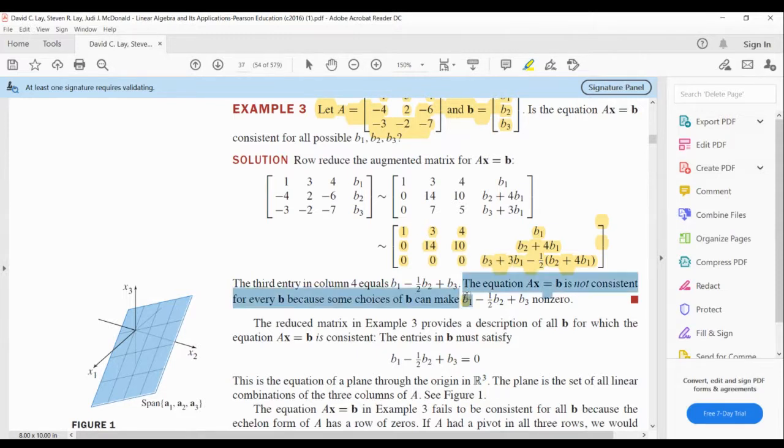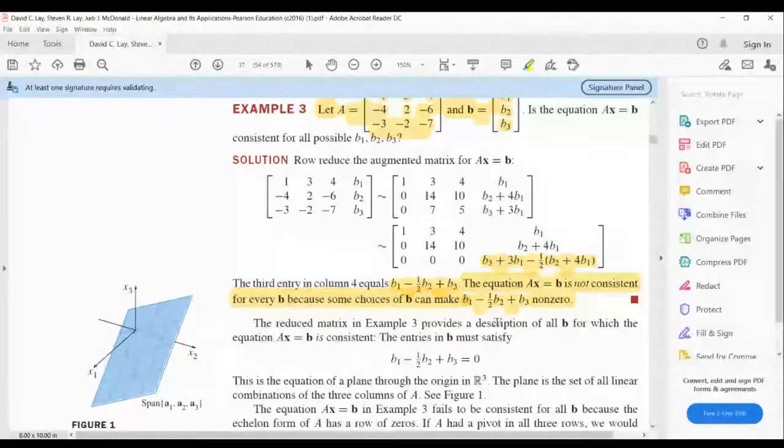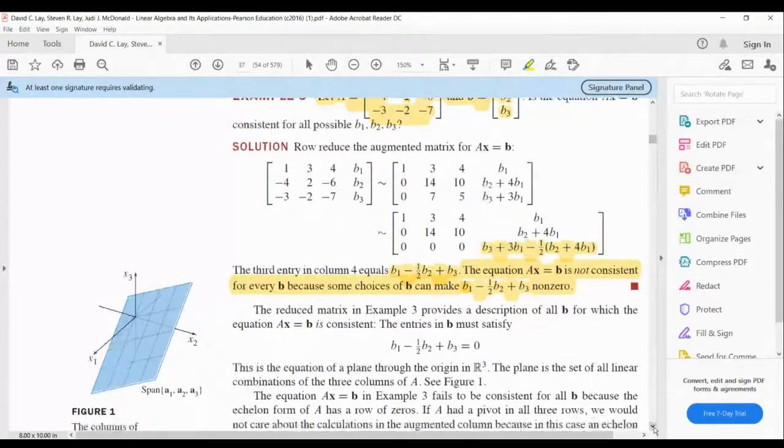The equation AX equals B is not consistent because some choices can make B1 minus a half B2 plus B3 not equal 0. Where are they getting that? Well, this entry here reduces to B1 minus a half B2 plus B3. So the equation AX equals B is not consistent for all vectors B1, B2, and B3.